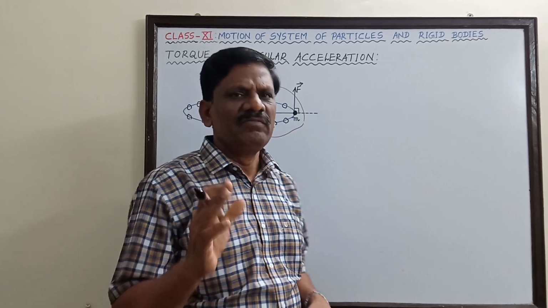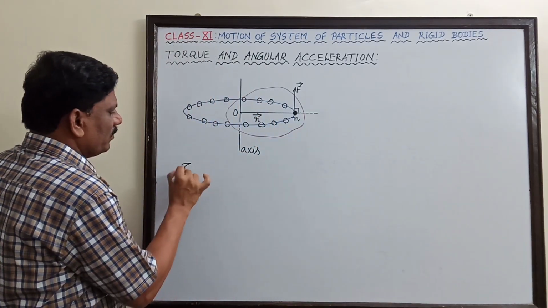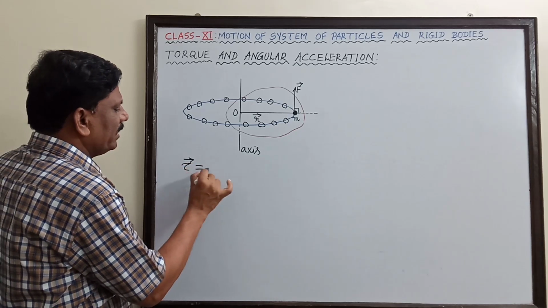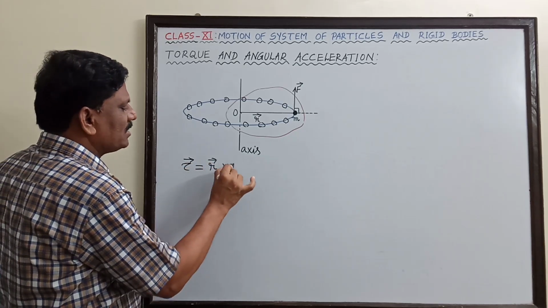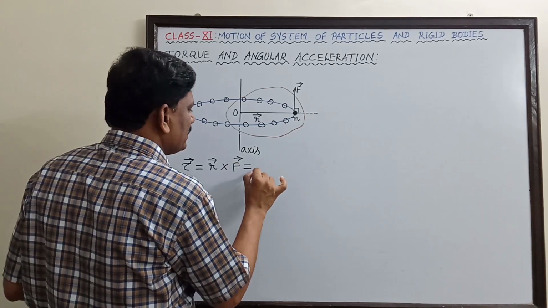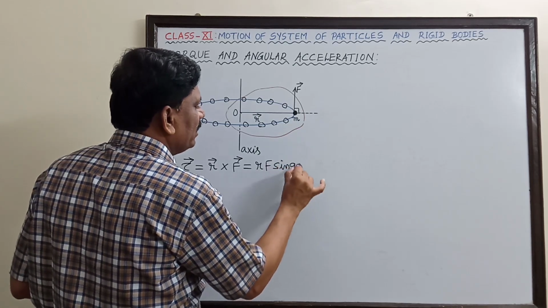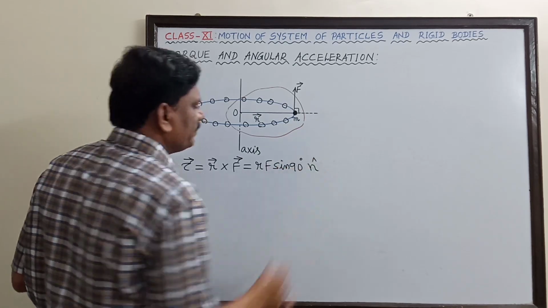First I will start with the expression for torque tau. Torque tau is equal to r vector cross product F vector, which is equal to r into F into sine 90 into the unit vector.